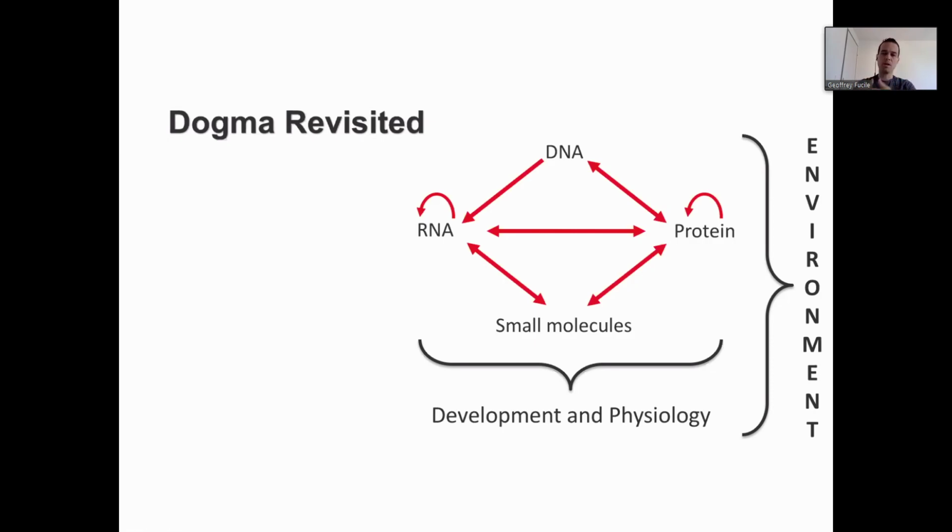And most of these molecules can also modify DNA directly. So it's a relatively complex network we have to consider. When we're talking about RNA-seq technology, and looking at what types and abundances of RNA are in a particular sample at a given time point, we have to remember that we're looking at only one component of this network.